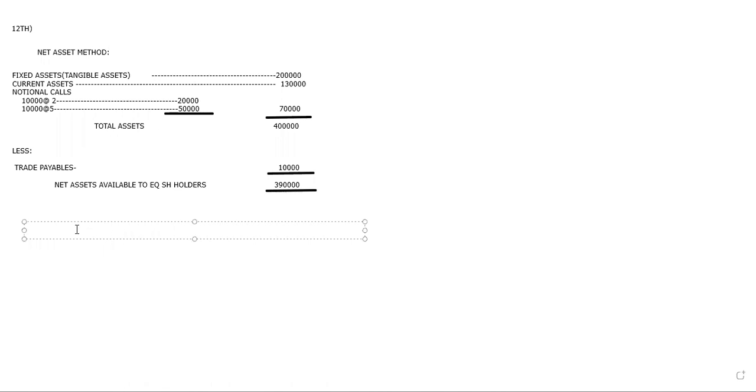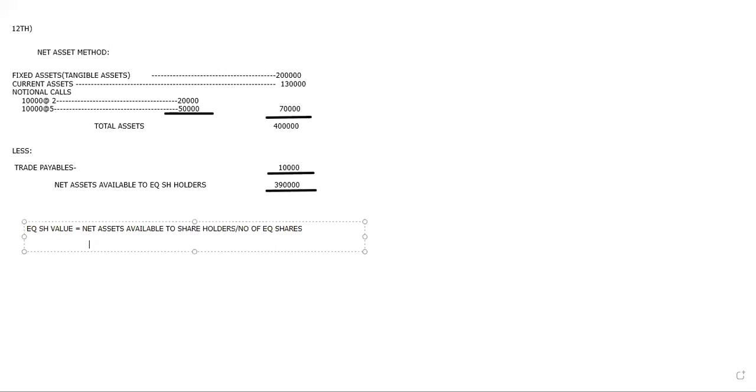So equity share value is equal to net assets available to the equity shareholders divided by number of equity shares.